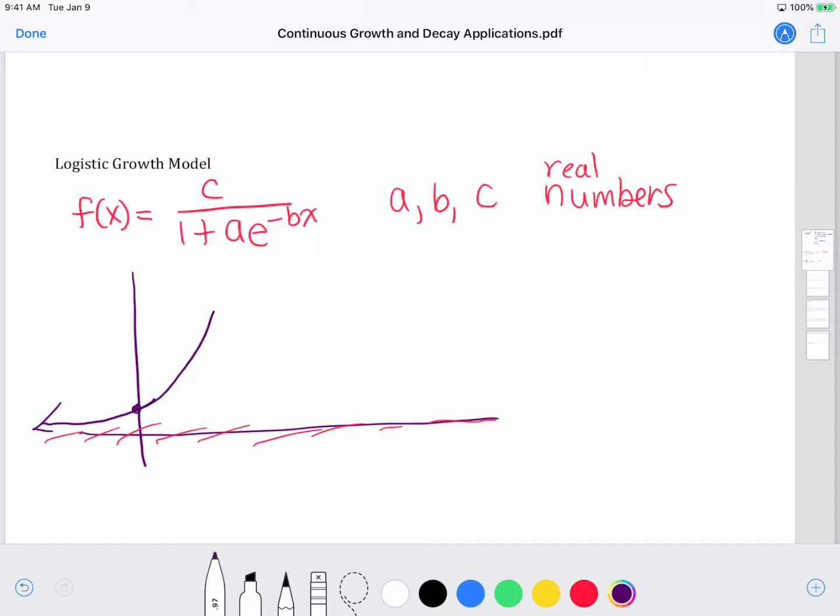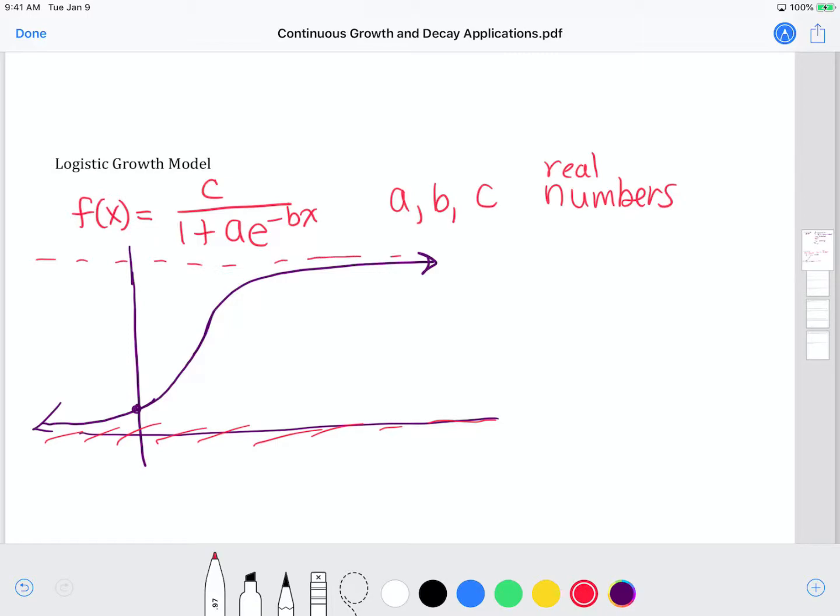Now this is where it changes, and it's not the same as an exponential function. Exponential functions would continue to grow very quickly, but with the logistic growth model, at some point it starts to level out. So it continues to grow, but it reaches a point in which it levels out.